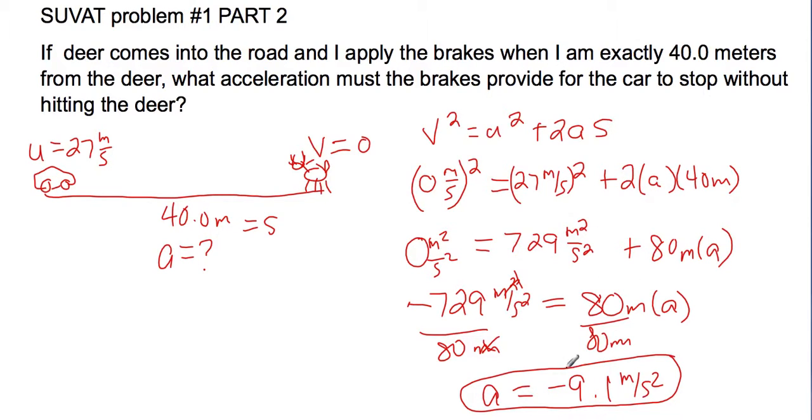So a negative acceleration here, because our brakes are eventually going to stop the car, the car will stop moving at that point. But if this is like a car going up a hill, and the hill doesn't change slope, the car would start to roll slowly back down the hill, or maybe fast back down the hill. 9.1 meters per second squared is a pretty fast acceleration. So that's our SUVAT equation example.